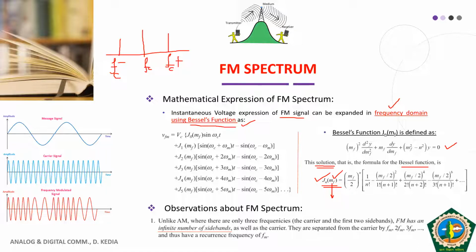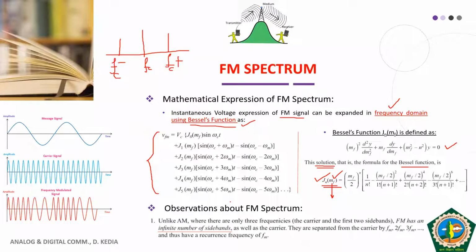We are concerned with this only when we talk about the Bessel function. Otherwise, we are mainly concerned with the expression that has been derived using the Bessel function. So we need not go into the detailed derivation. We will just look at the final outcome of this solution of the FM signal expression using the Bessel function.